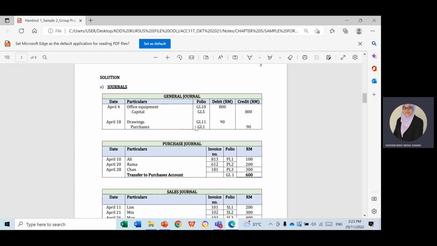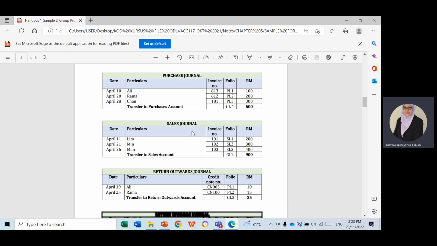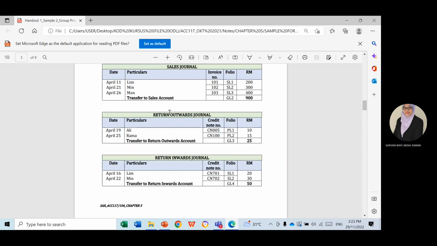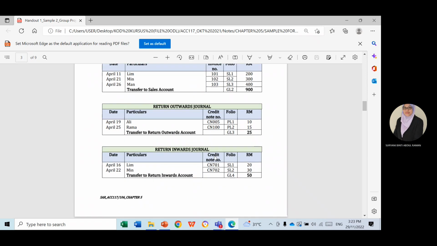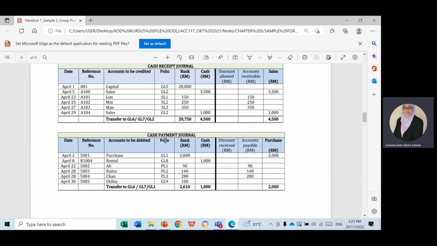These are the answers that I have combined: general journal, purchase journal, sales journal, return outward journal, and return inward journal, followed by the cash receipt journal and the cash payment journal. These are the answers that I have combined under the section of journal.